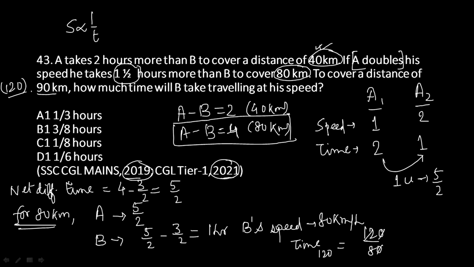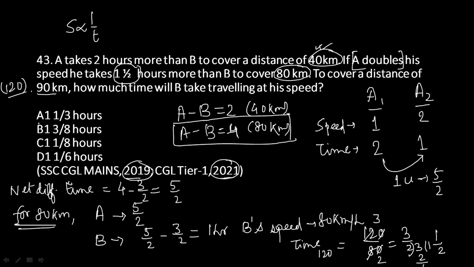In the first case of 120, it will be 3 by 2, which means 1 and 1 by 2. The option is not given here.